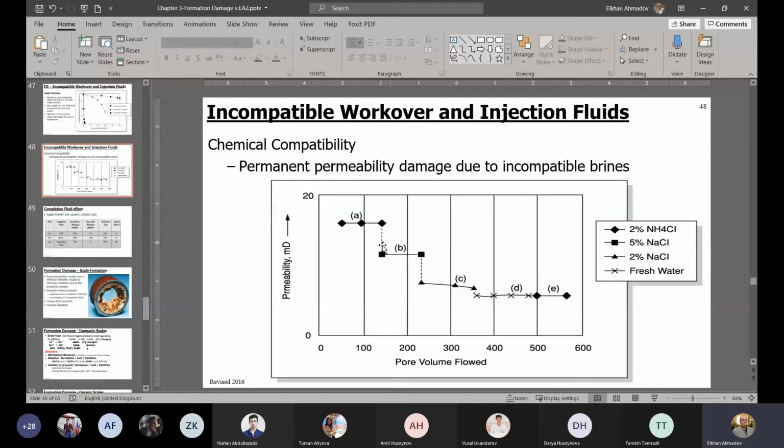It means the incompatible brines or fluids that we use during workover or completion will affect the permeability permanently. So changing to a better fluid does not improve the situation.